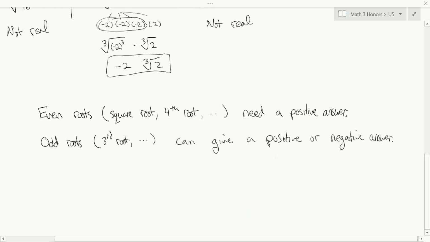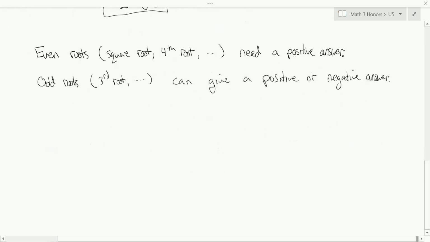And we're going to now take the root of a variable, and we're not going to know if the variable is positive or negative, and so we need to keep that in mind as we're simplifying through this. And so I'm going to start with the square root of x squared. You guys remember what this was equal to?